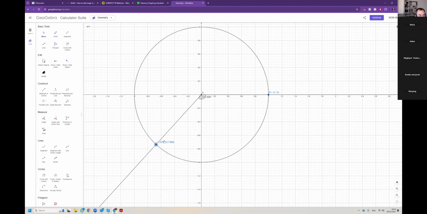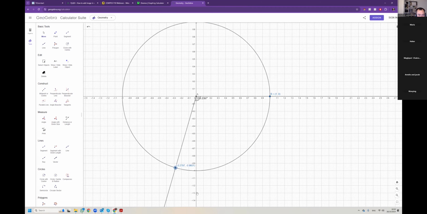If you move it, okay, it's not doing what it's supposed to, but you can work it out. Like 135, that's 225, 240, 270, etc. So you can do this.